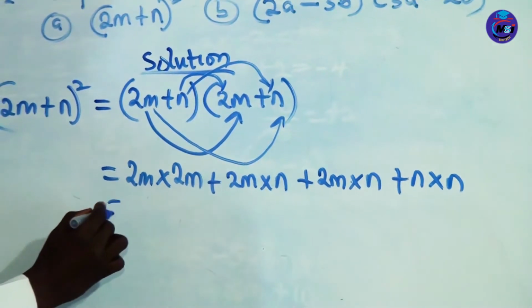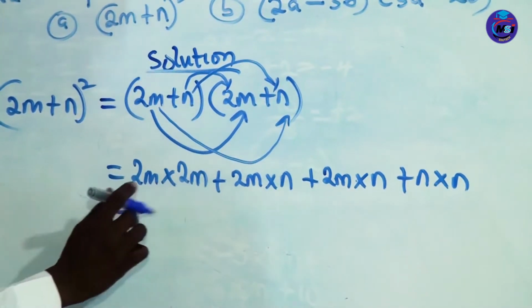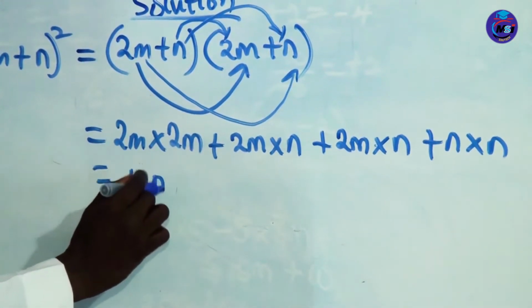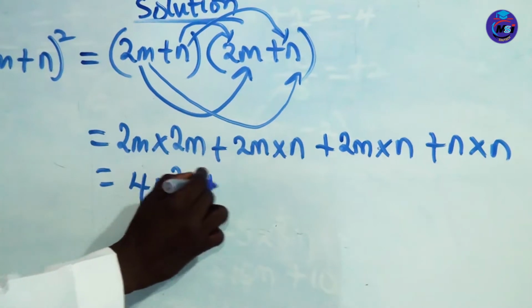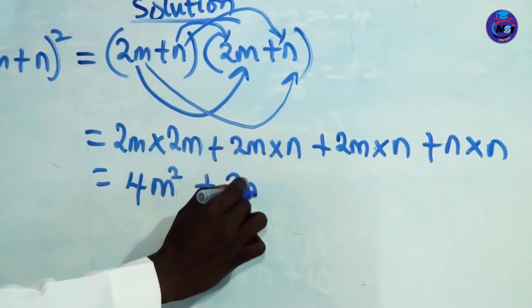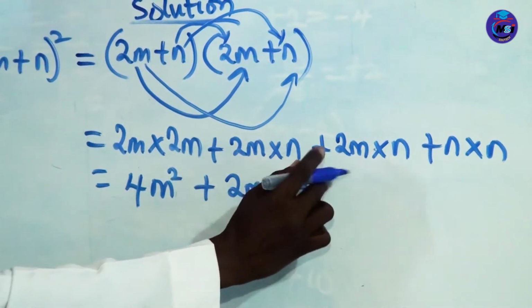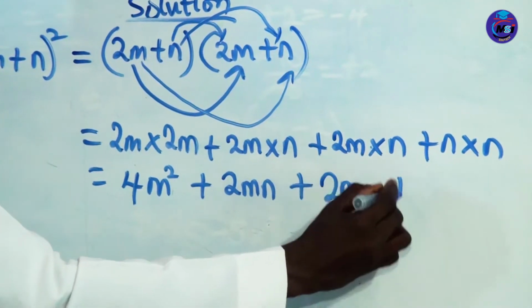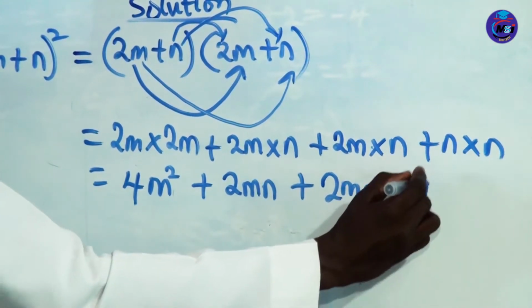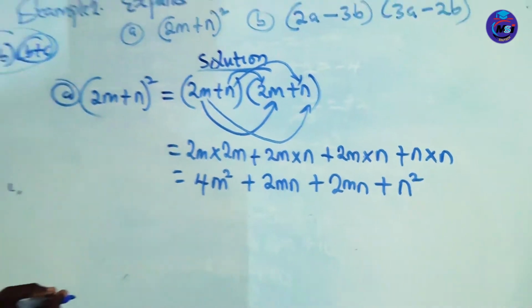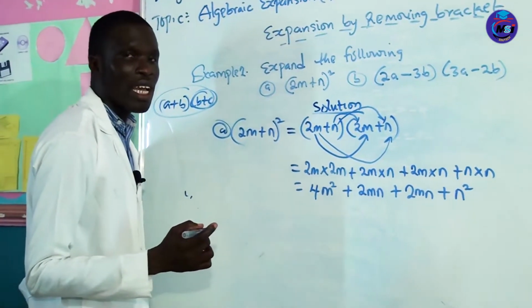So 2m times 2m will give us 2 times 2, 4, m times m, m squared. Plus 2m times n, we have 2mn. 2m times n, 2mn. n times n will give us n squared. So we collect the like terms, just like in JSS1.